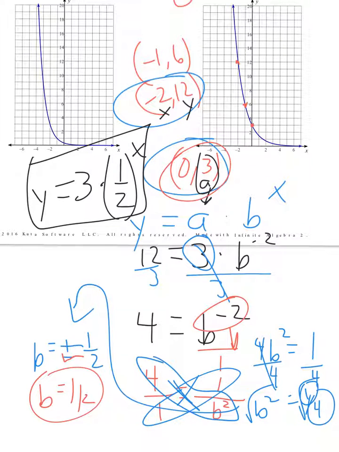So to help me find b, I had to put in another point besides my y-intercept point for x and y. But at the end I want to write the equation, and notice this was an exponential decay graph, and so our b should be between 0 and 1.